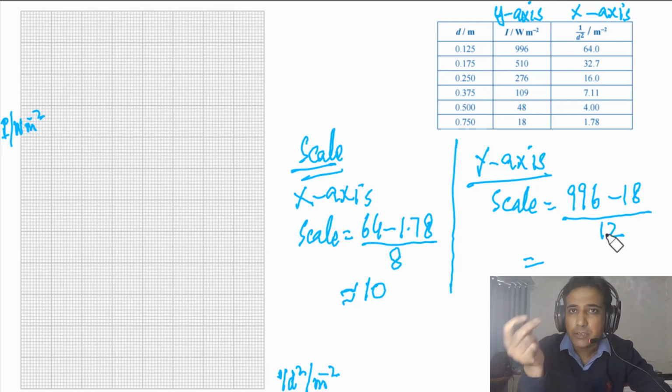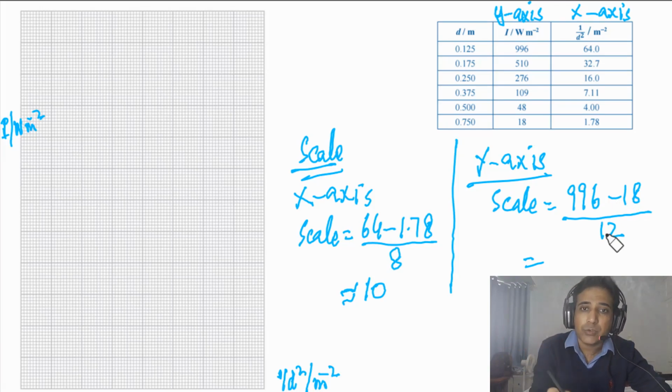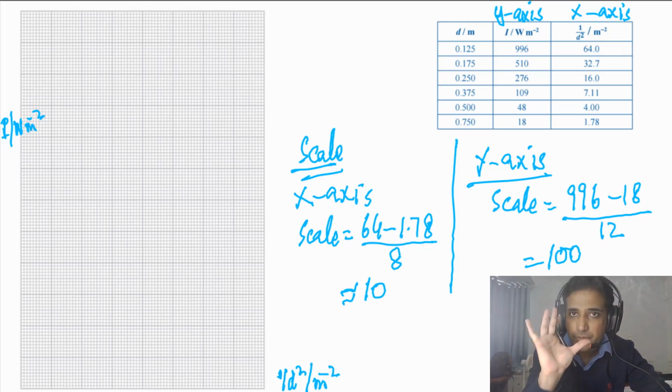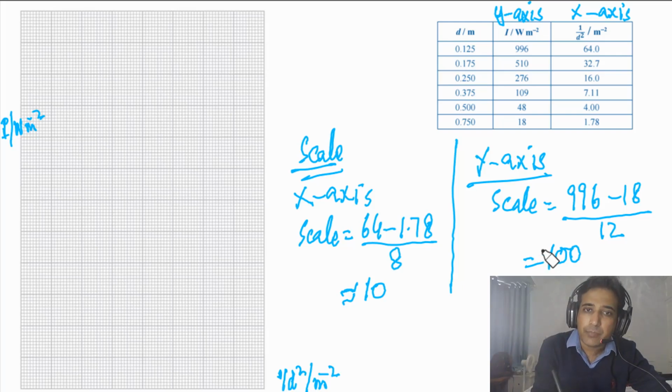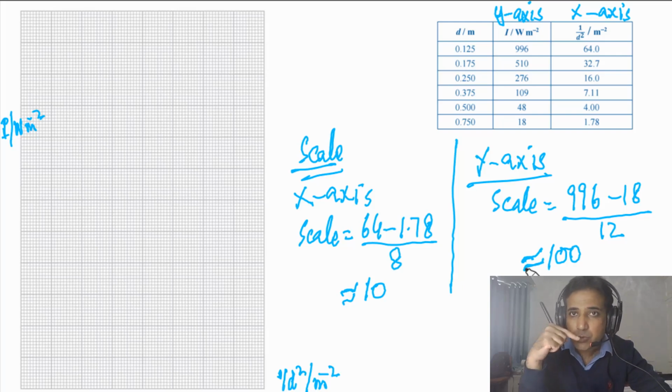We can take this as 10, so we can choose around 100. So this is a nice number. With the help of this, we can easily sketch the graph. This is an approximate value, so you will get the exact value. Then you need to think about a number which is easy to plot the graph based on the given data. So these two numbers we can use to sketch the graph.